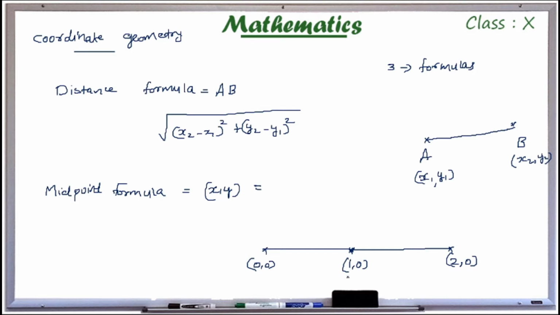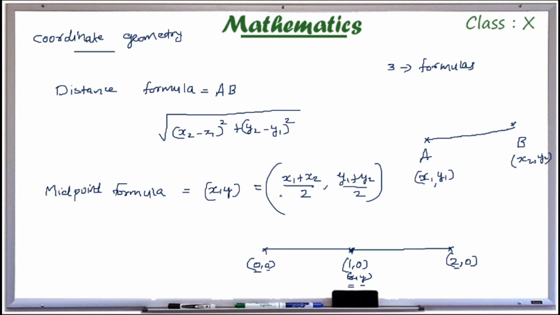So the midpoint x comma y is equal to (x1 plus x2) by 2 and (y1 plus y2) by 2. Here the x value is obtained by adding x1, x2 and dividing by 2, and the y value is obtained by adding y1, y2 and dividing by 2.